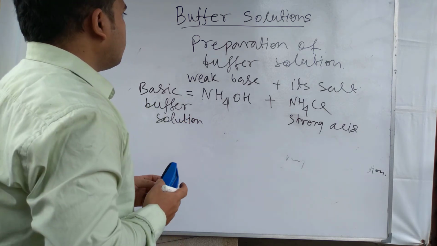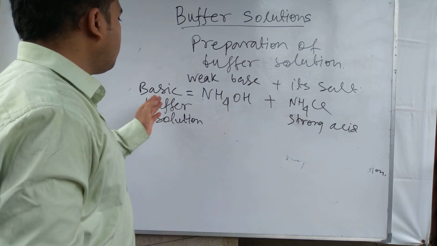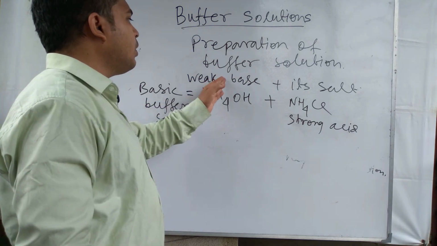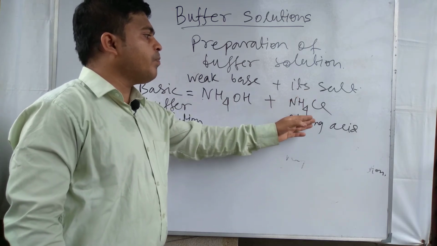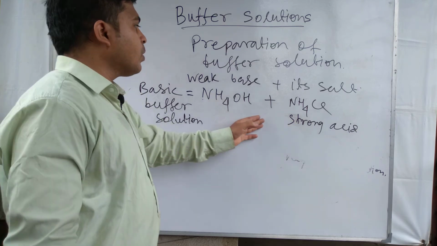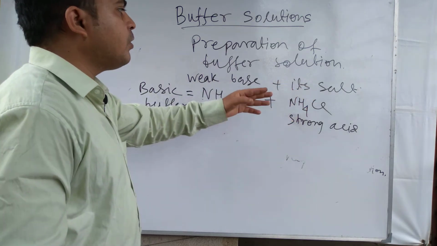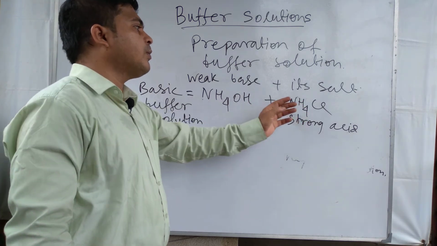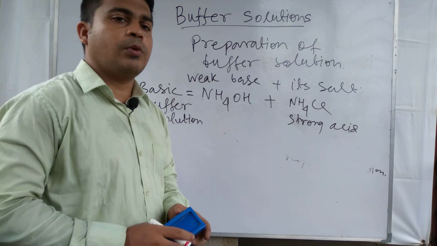For preparing basic buffer solutions we need a weak base and its salt. The salt comes from the reaction of a strong acid and a weak base. So when a weak base is mixed with its salt, which comes from a strong acid, a basic buffer solution is formed.